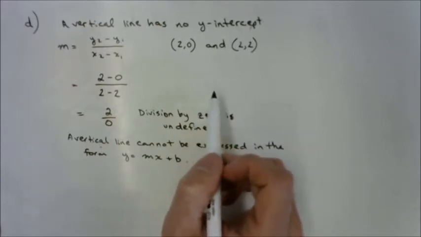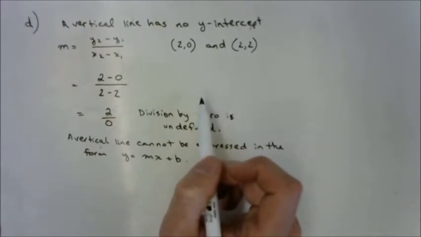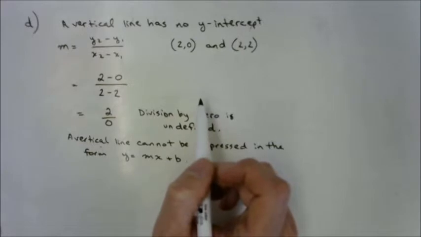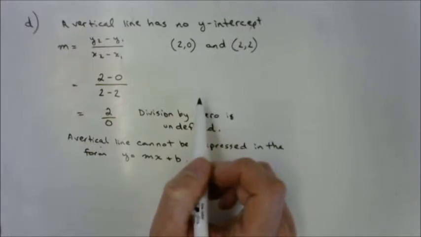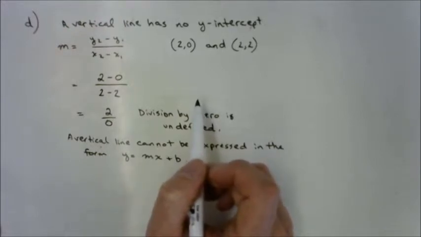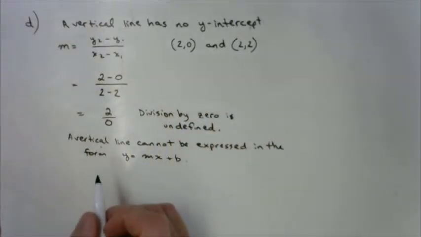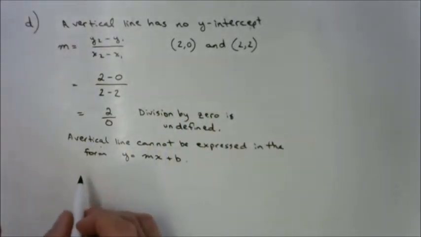Is 2, 7 on the line? Yes. Is 2, negative 5 on the line? Is 2, negative 7 million on the line? Yes. So 2 is always the x coordinate of every single point on the line. Okay, so the line goes through x equals 2. Or another way to say it is the line actually is x equals 2.